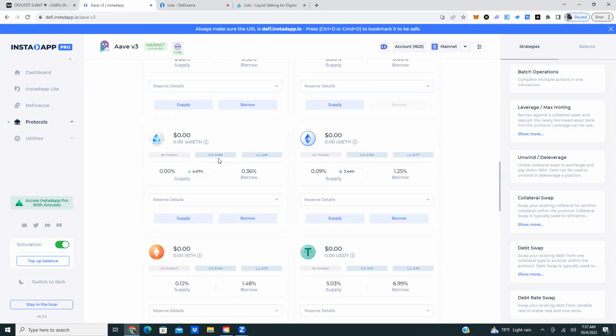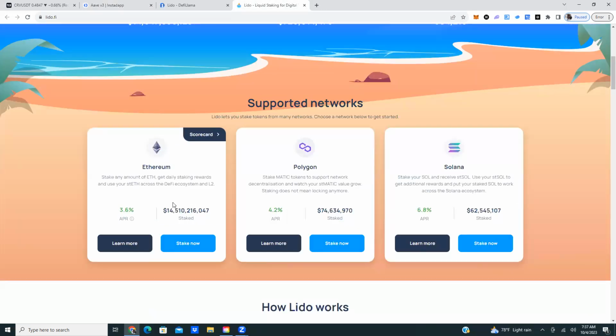So let me run that back one more time because you might have missed that. You can deposit Ethereum. They're going to give you staked Ethereum in the exact same value.